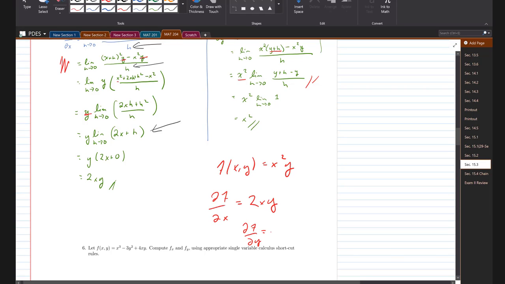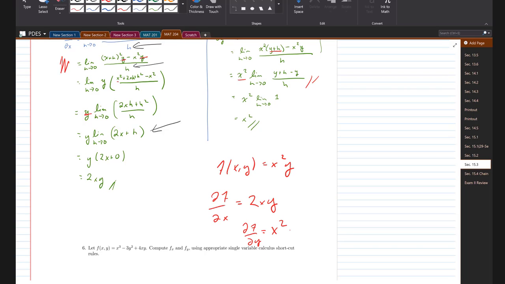What's the derivative of a constant times y? It's just that constant. As far as computing partial derivatives go, there is no real difference between doing a derivative in Calc 1 and a derivative in Calc 3. You just remember, if I'm taking the derivative with respect to y, I treat x as a constant.